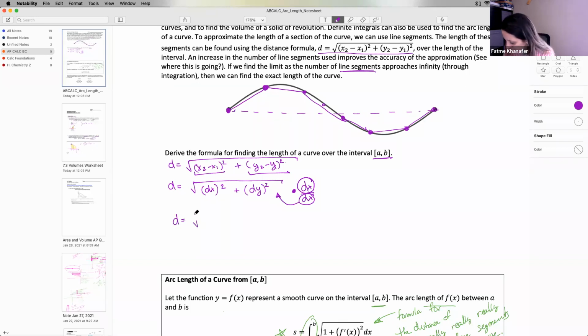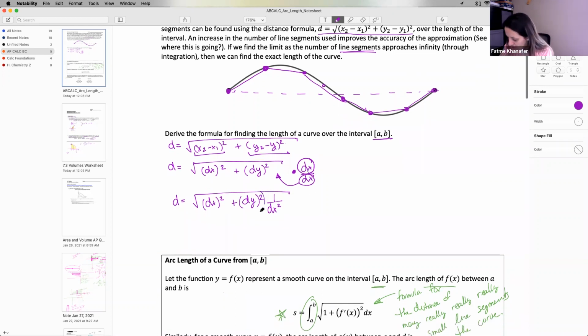And of course, if we move that into the radical, it has to be rewritten as 1 over dx squared, because then once you square with the top and the bottom, you can take it back up and end up with a dx on the bottom. Now, next up is to distribute that dx squared.